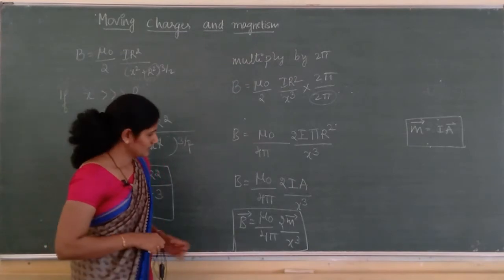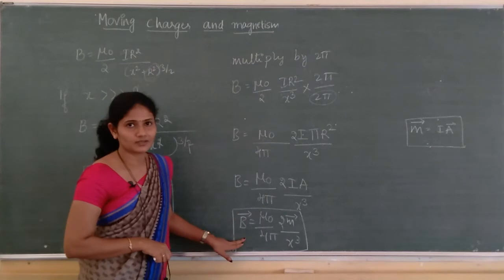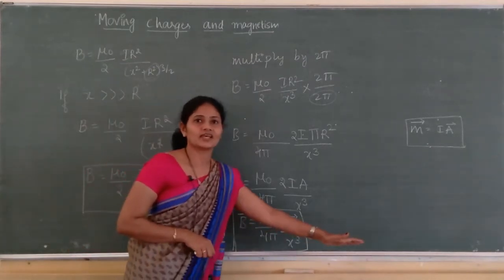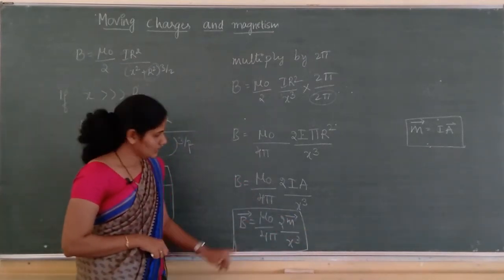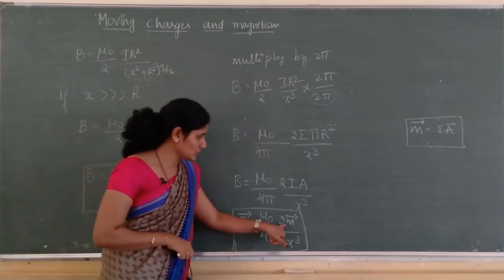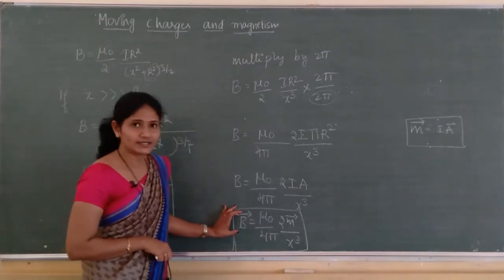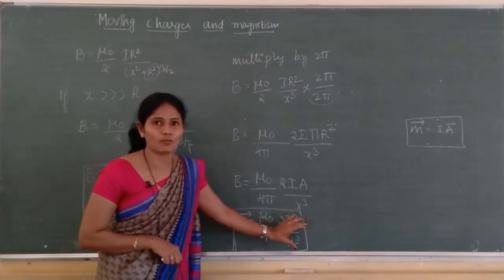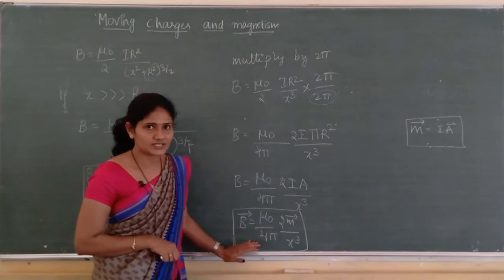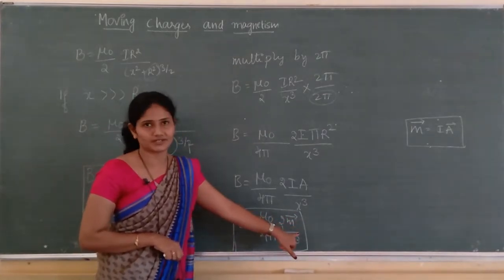This is the expression for magnetic field along the axis. Magnetic field B is equal to mu naught by 4 pi 2 M divided by x cube. Magnetic field in terms of magnetic moment. This is the relation between magnetic field and magnetic moment.